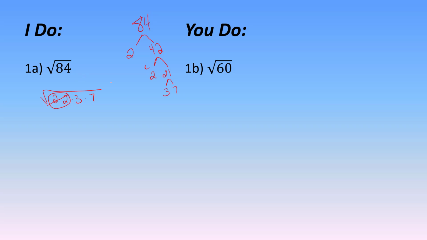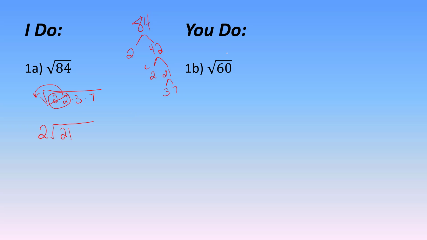We can pull out a pair of 2's because remember, 2 times 2 is the same thing as 4, and the square root of 4 is simply 2 all by itself. So this pair of 2's simplifies out of the radicand and comes and gets placed in front of the radical. Anything that cannot get pulled out of the radicand simply gets multiplied back together. 3 times 7 is 21, and we have completed the problem.